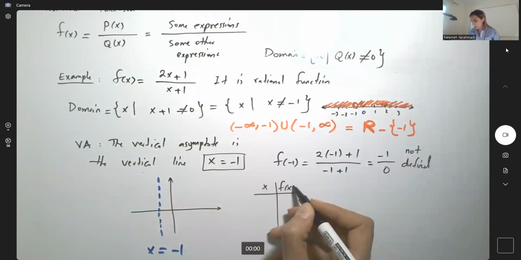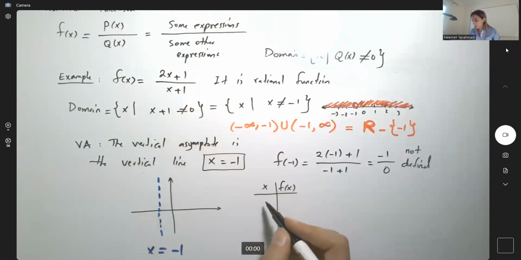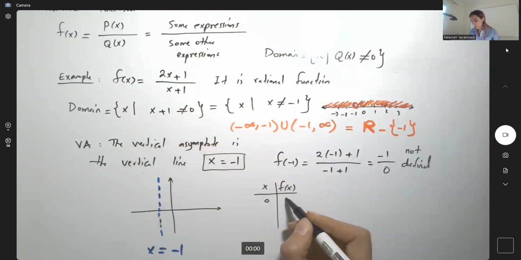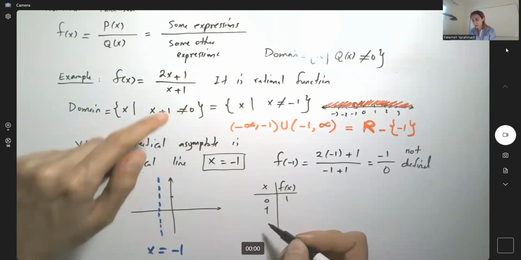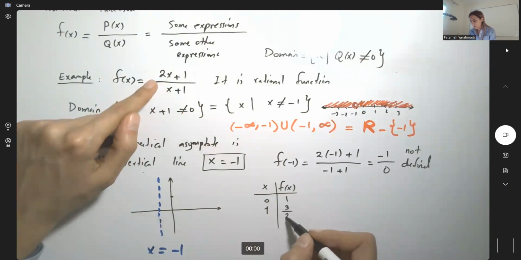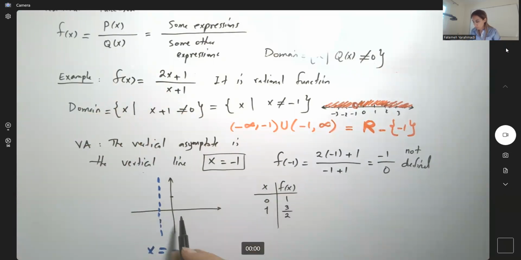X, f of x. If x is equal to 0, I end up with 1 over 1, or just 1. So at 0, I have a 1. If I plug 1 into the function, I get 3 divided by 2. So at 1, you have 1.5, which is going to be here. So far, the behavior of this function looks like this. Very good.